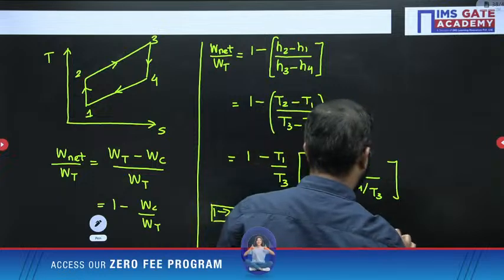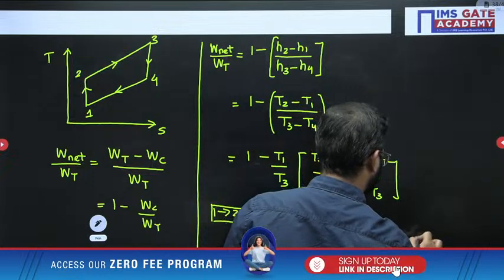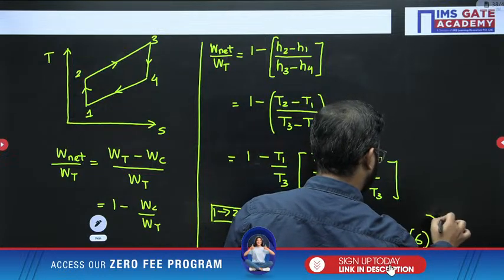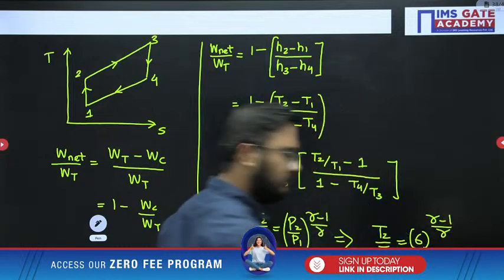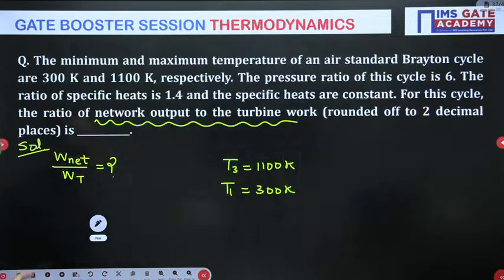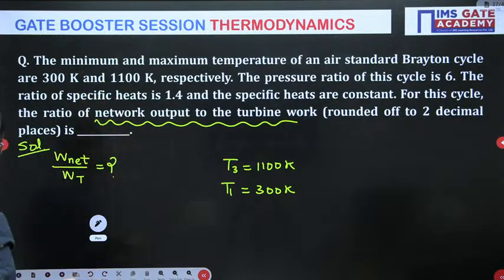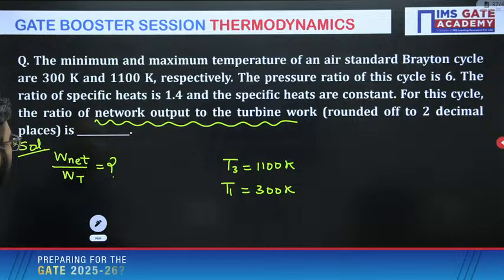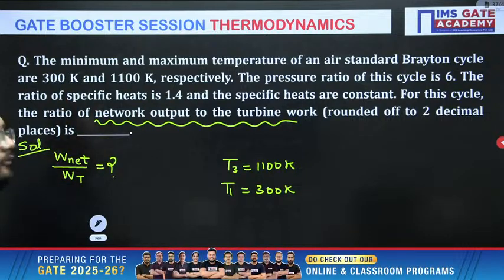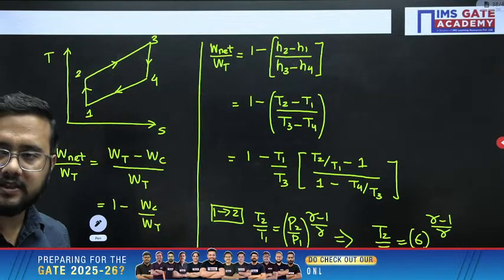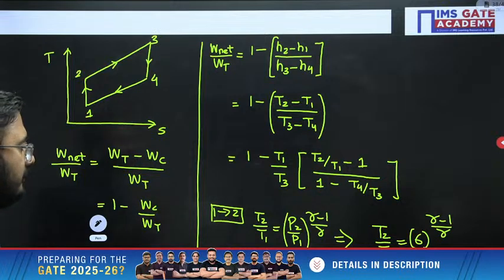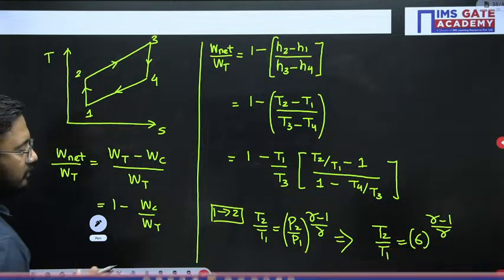So T2 by T1 is 6 to the power gamma minus 1 upon gamma. Correct? Now they have mentioned simply air, so we will take the value of 1.4, the ideal gas value for air. So 1.4 is the gamma value. So we got the value of T2 by T1.